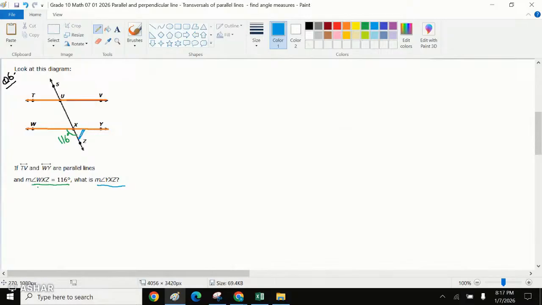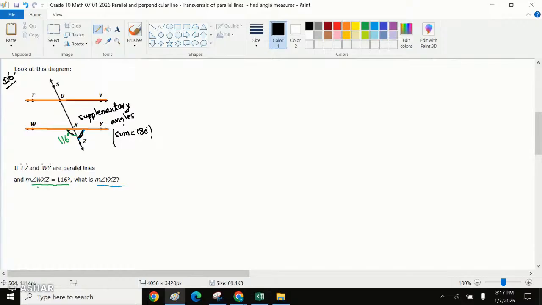We did a similar question previously. So what are these two angles? Angles formed on a straight line are supplementary, right? Supplementary angles mean the sum of the angles is always 180 degrees.